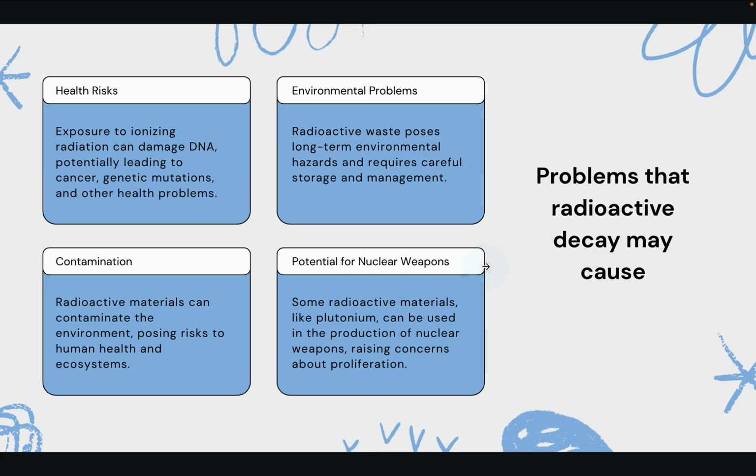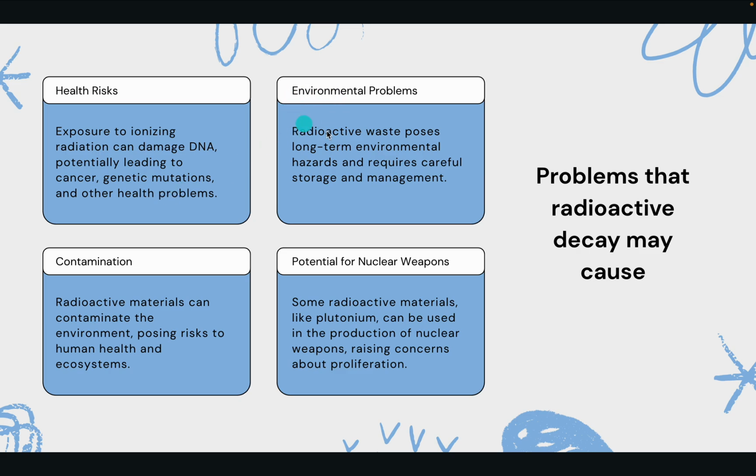However, every coin has two sides. Radioactive decay also brings some problems to our lives. For example, health risks, because exposure to ionizing radiation can damage your DNA, potentially leading to cancer and genetic mutations.